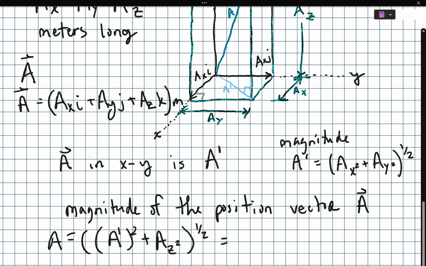So this is equal to A sub x squared plus A sub y squared plus A sub z squared, again raised to the 1/2 power.